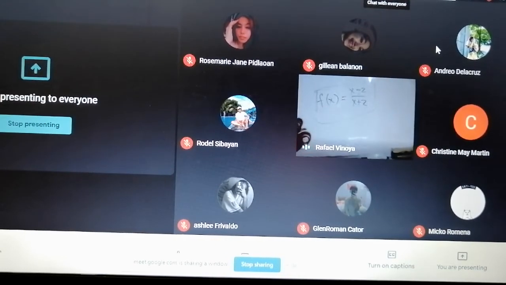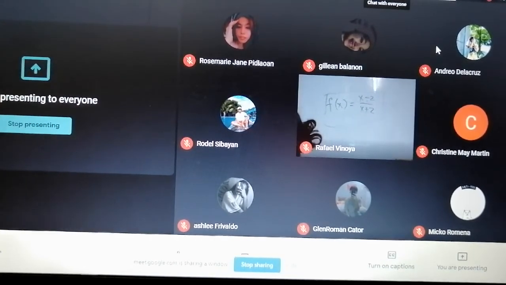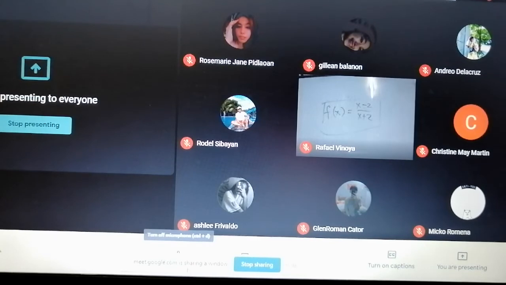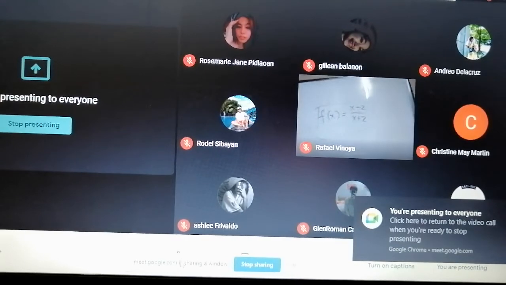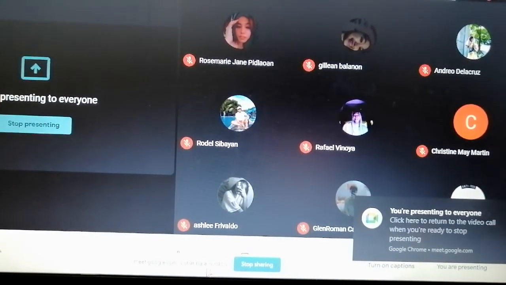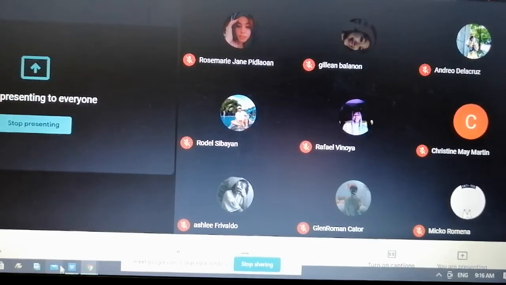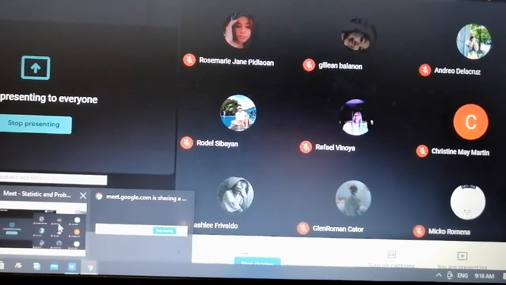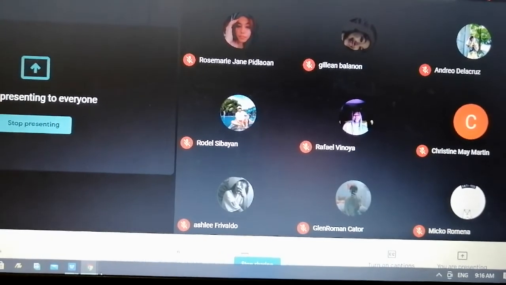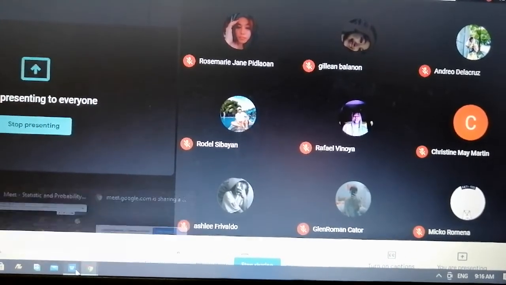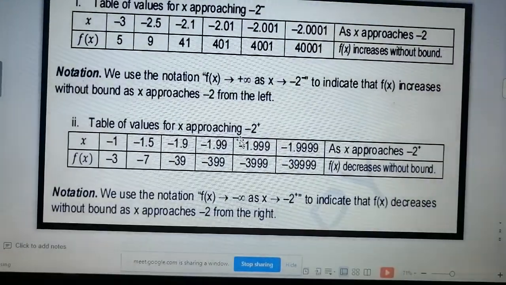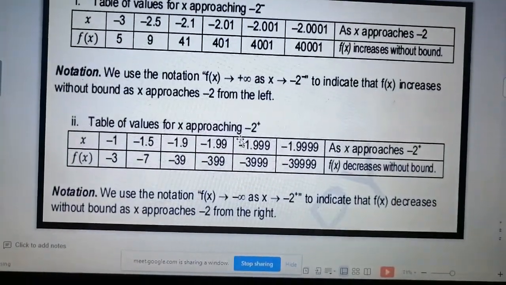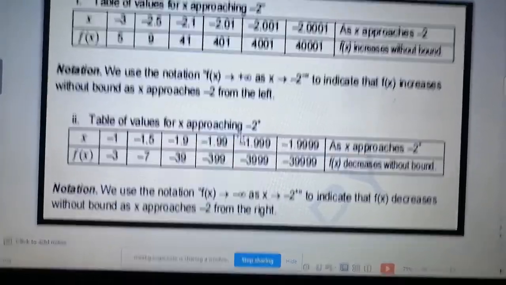Sino nakakuha? Si Jillian. Opo, ma'am. Christine, nakuha? Okay, subukan nyo pa yung iba. Wait lang. Kaya mo tayo. Oo nga 2.5. Negative 2.5. Ay, ikaw sumipsip na si Paul. 2.1.